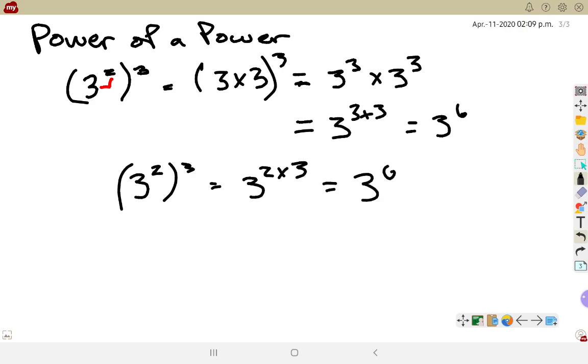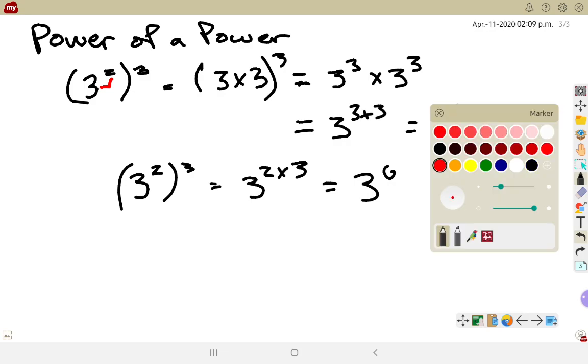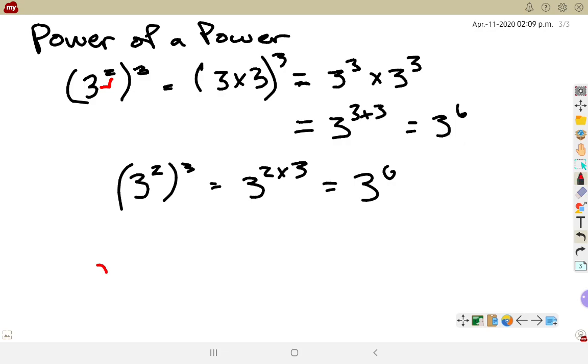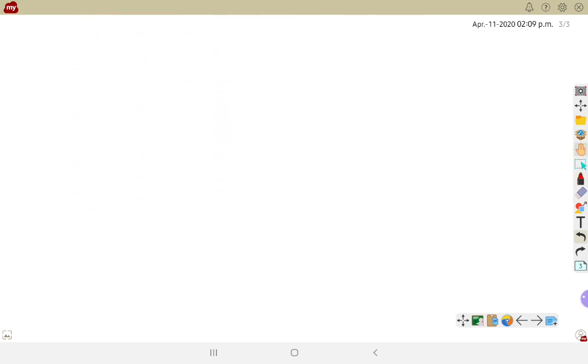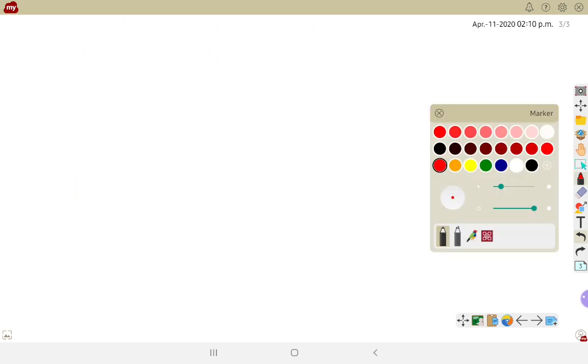Okay, so that is our power of a power law. So if I have something with a base of a and an exponent of m, if we further raise that to another exponent n outside the brackets, it becomes a with an exponent of m times n. Alright, the last one that we have is the 0 exponent.